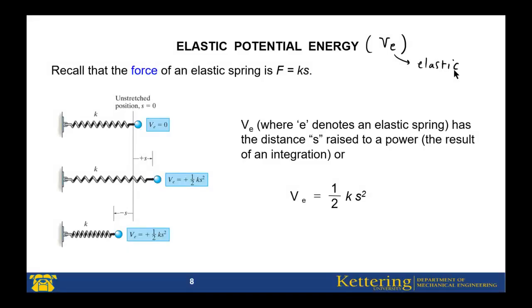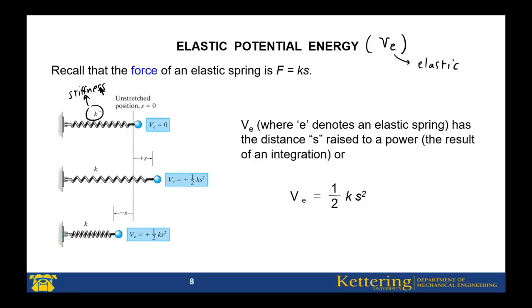Now, for a spring that has a stiffness of k, if I start to stretch the spring by an amount of s, you will see that s is measured from the unstretched position. Also, if I compress the spring, whether s is positive or negative, the potential energy will be 1 over 2 k s squared.